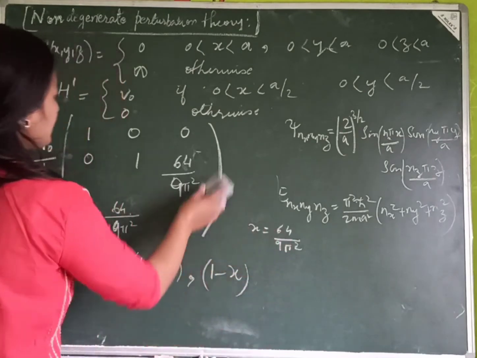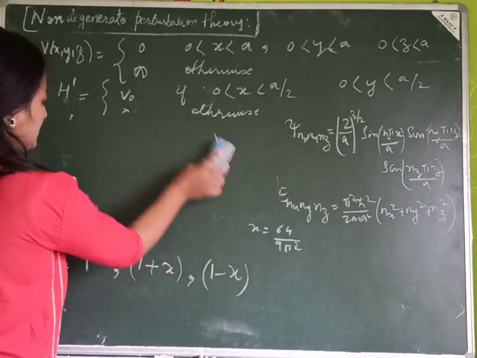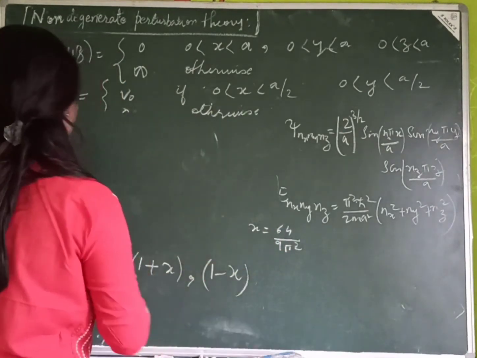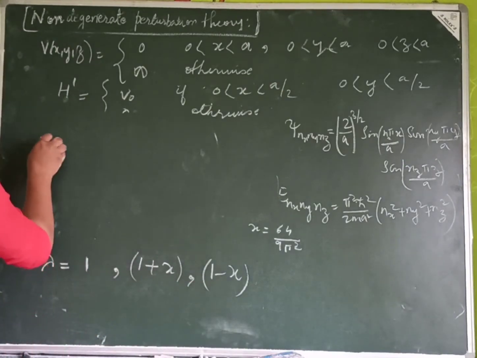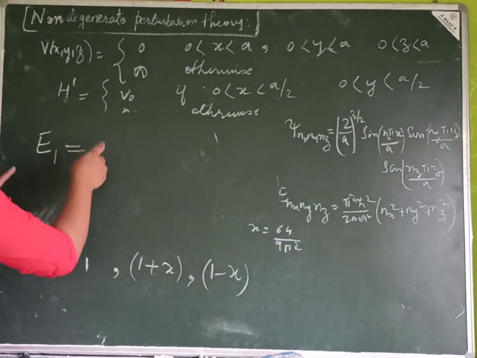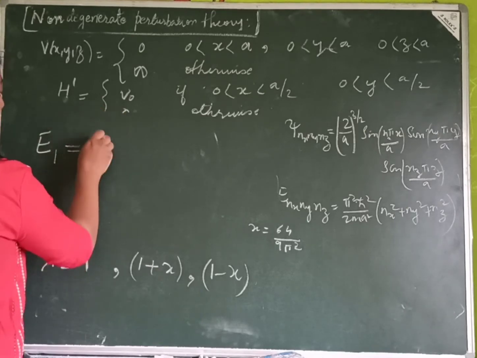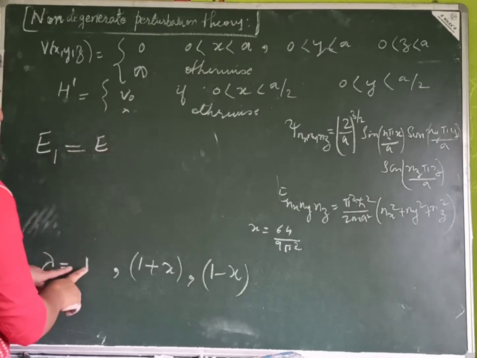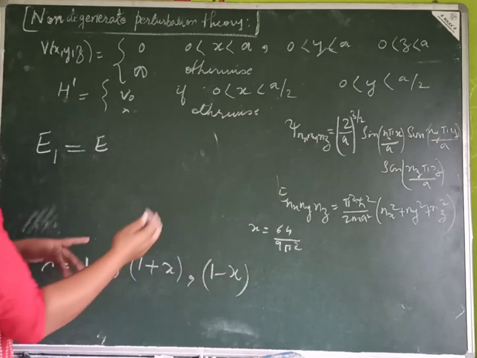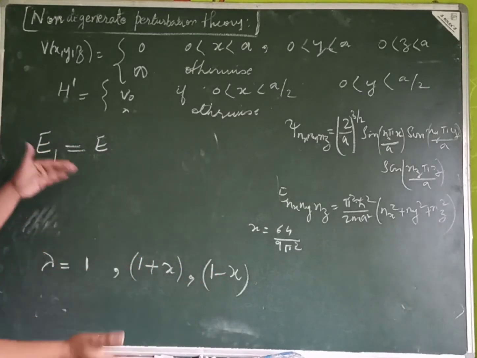So what does this mean? This means that my E1, in that matrix I have V0 by 4 common. So my new energies are lifted by three different amounts.